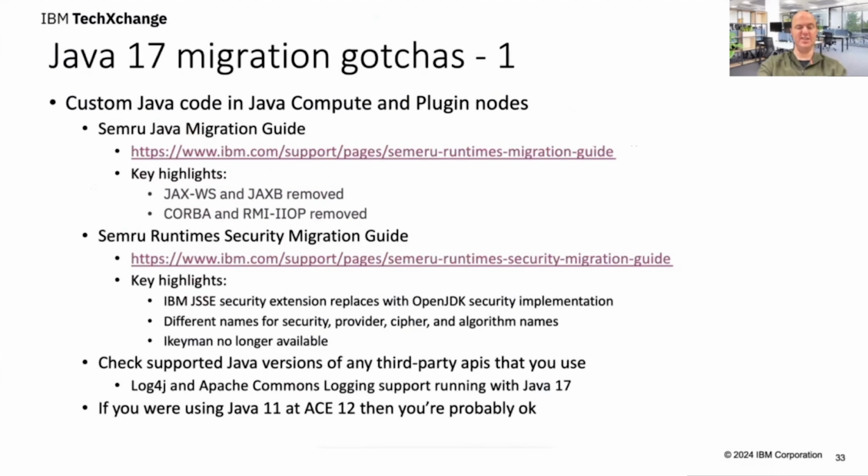Now, if you were using Java 11 at ACE12 and you had no problems, then you're almost certainly okay with 17, because the biggest breaking changes were made between 8 and 11. And then it just followed on to 17.